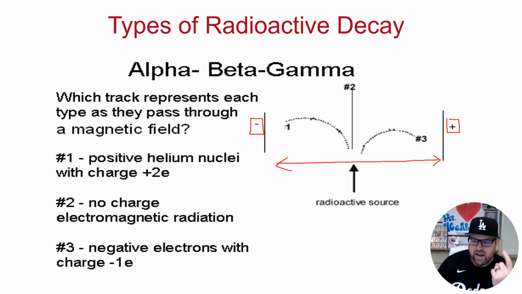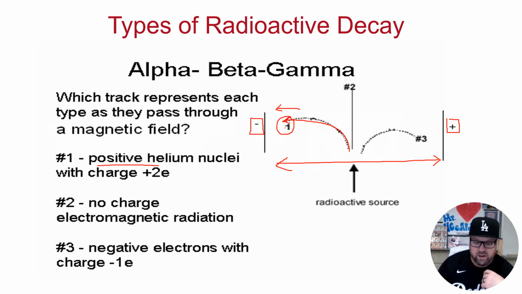Now, if you were to fire alpha, beta, and gamma particles straight down the middle of the magnetic field, which particle would actually curve towards the negative magnet? That would be the alpha particle. So number one would be the pathway of alpha, because alpha is positively charged, so it's attracted to the negative end of a magnetic field.